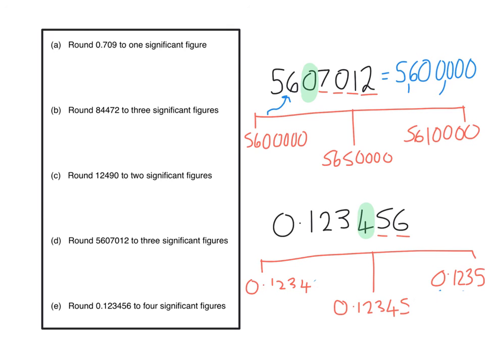Okay, so we've got to decide where this number is. We've got 1, 2, 3, 4, 5, 6, so it's going to be above the 5. It's going to be about here. So it's more than the halfway mark, so it's going to round up to 0.1235.